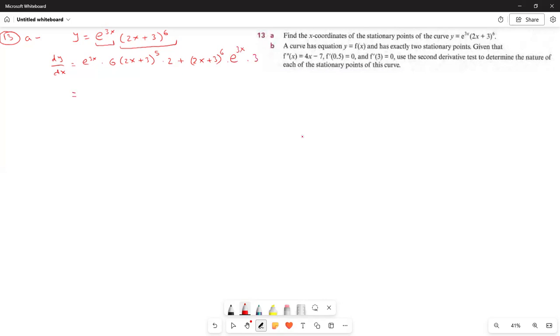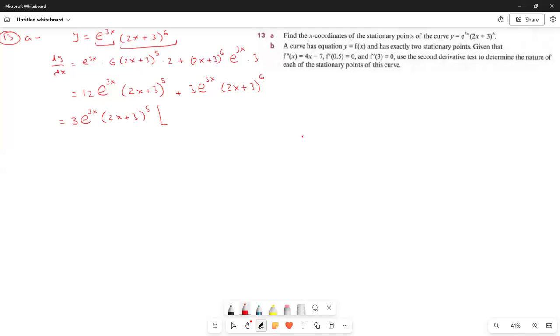Okay, so if we try to simplify it a little bit, it's going to be 12 e to the power 3x into (2x + 3) to the power 5, plus 3 e to the power 3x into (2x + 3) to the power 6. So I can take 3 e to the power 3x and (2x + 3) to the power 5 as common outside.